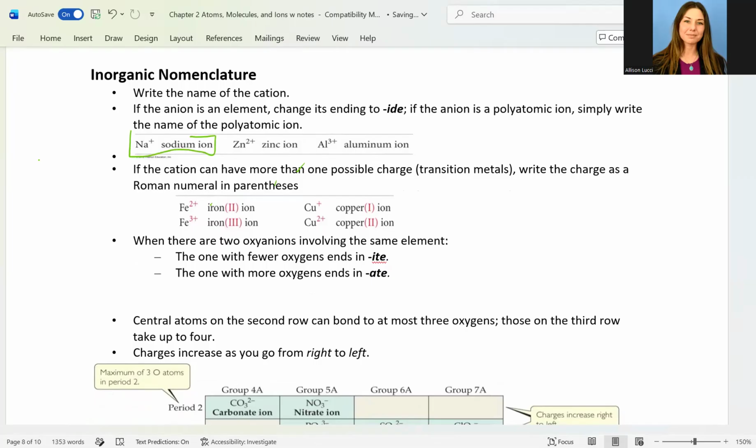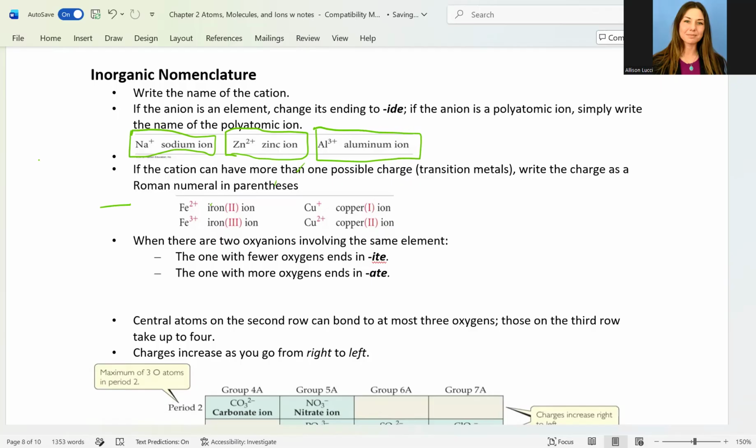So if we have a sodium ion, we would just say sodium in our compound. These are just nomenclatures for the ions listed up here. So we see zinc and then our +3 aluminum ion. Again, these are three common monoatomic ions. We'll also look at some polyatomics as well.